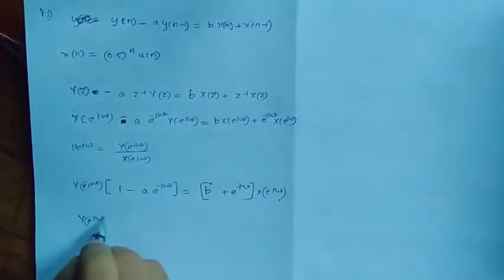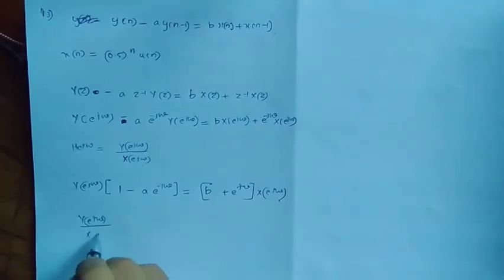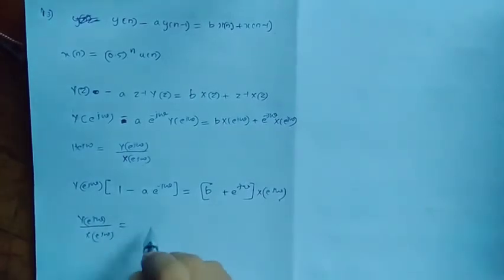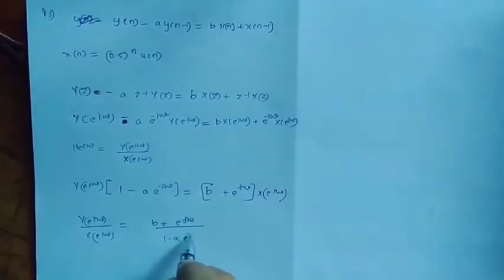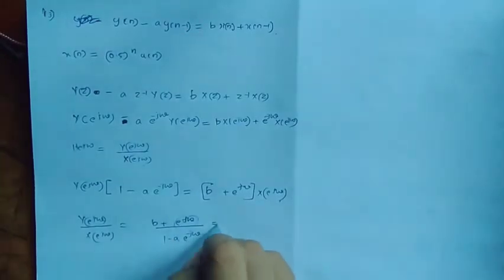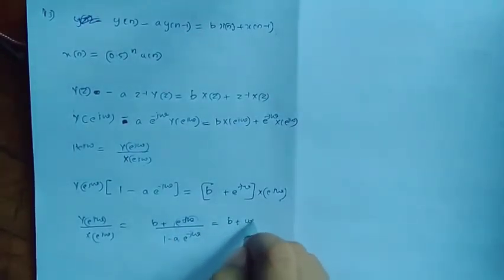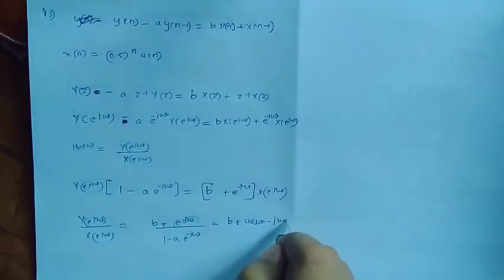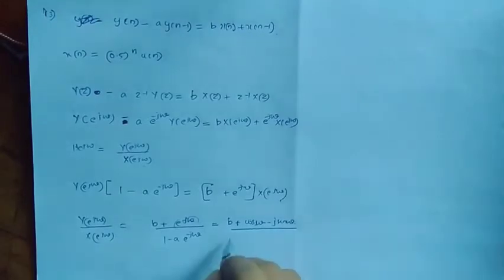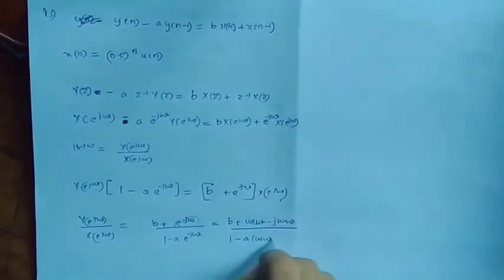From here, Y of e raised to j omega divided by X of e raised to j omega will be equal to b plus e raised to minus j omega divided by 1 minus a e raised to minus j omega. Right, I am going to expand this. So it will be b plus cos omega minus j sin omega, the whole divided by 1 minus a into again cos omega minus j sin omega.